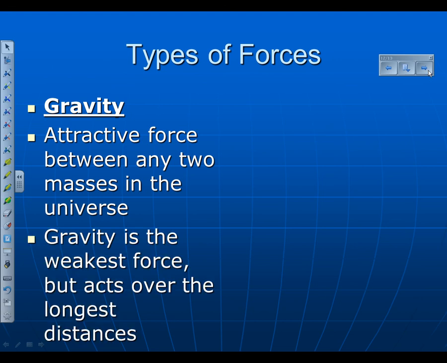However, what we find out is that if we look at the kind of interactions and the amount of force that is required for these different interactions, gravity is a relatively weak force when you compare it to the other forces. Now you might say to yourself, wait a minute, gravity is not a weak force. It keeps me from flying off of the Earth.